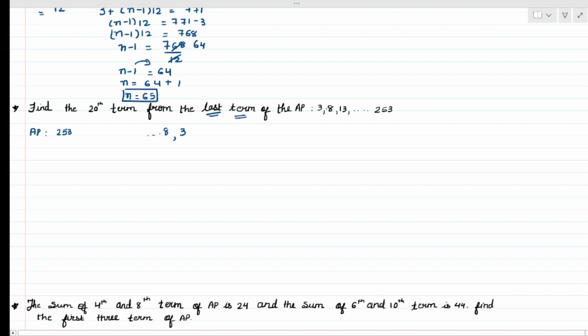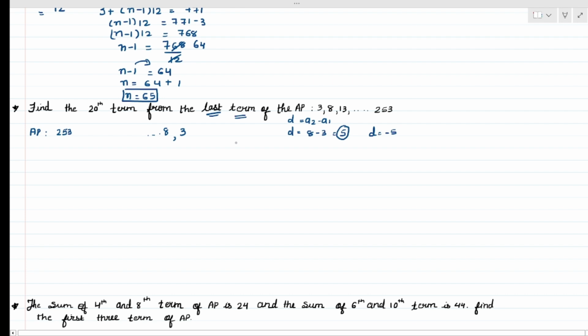Okay. So, the difference here is A2 minus A1 gives me D. So, the difference over here is 8 minus 3, that means it is 5. When you are reversing your AP, you should keep in mind that you will change the sign of D as well. That means if D is 5, it will become minus 5.